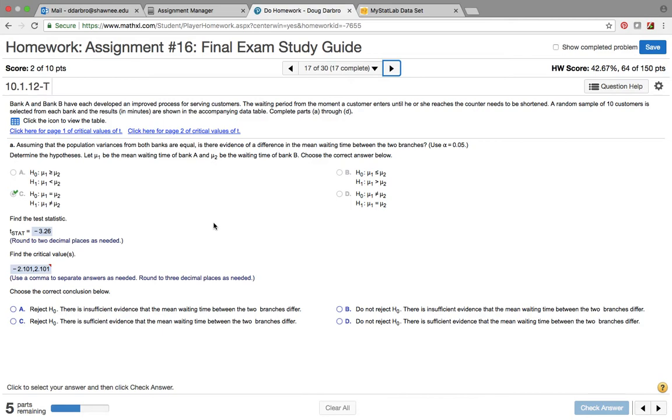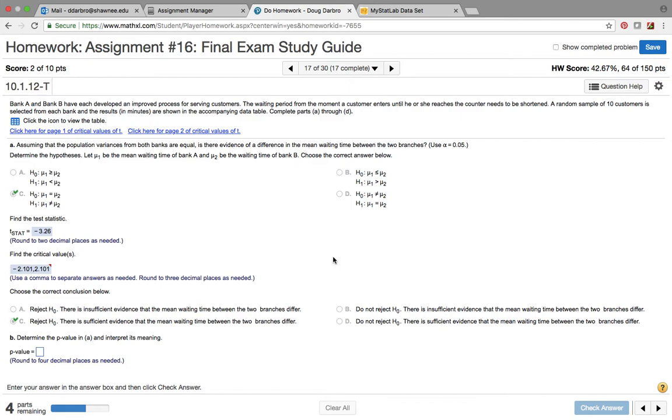Okay, again, I'm not going to beat a dead horse here. Choose the correct conclusion. Our test statistic is clearly outside the bounds of the critical values, so we're going to reject the null, and there is sufficient evidence that the mean waiting time between the two branches is different.